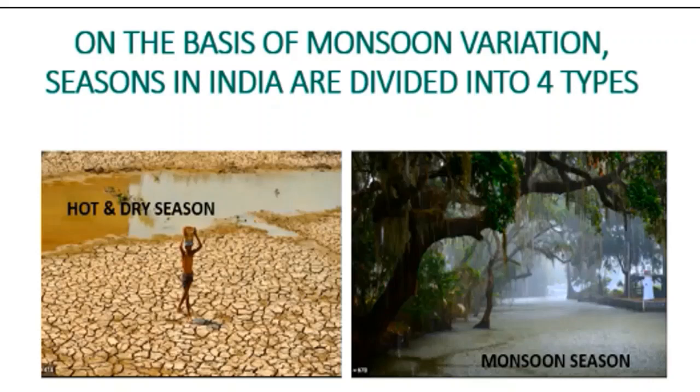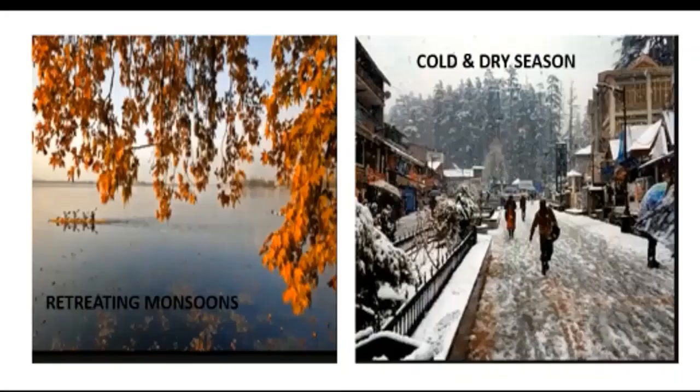Second is the hot and wet monsoon season, from June to September. Then comes the retreating monsoon, which occurs in only 2 months, October and November. And then comes the cool and dry season, that is from December to February.